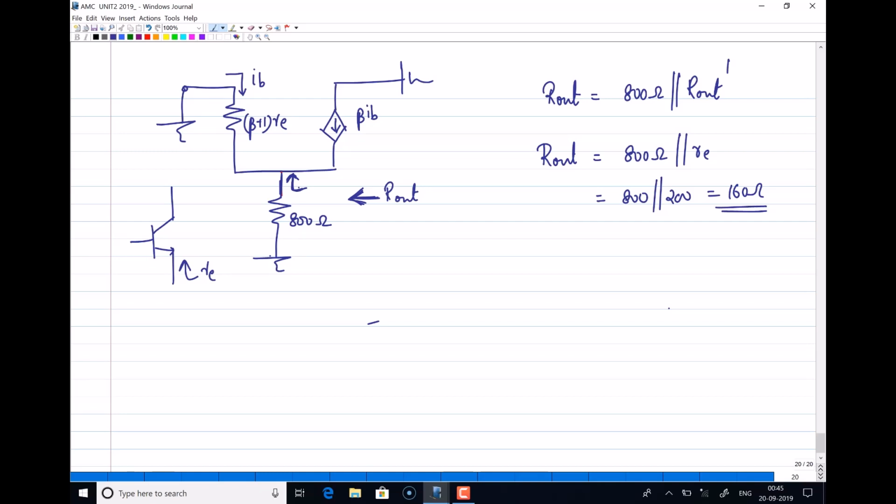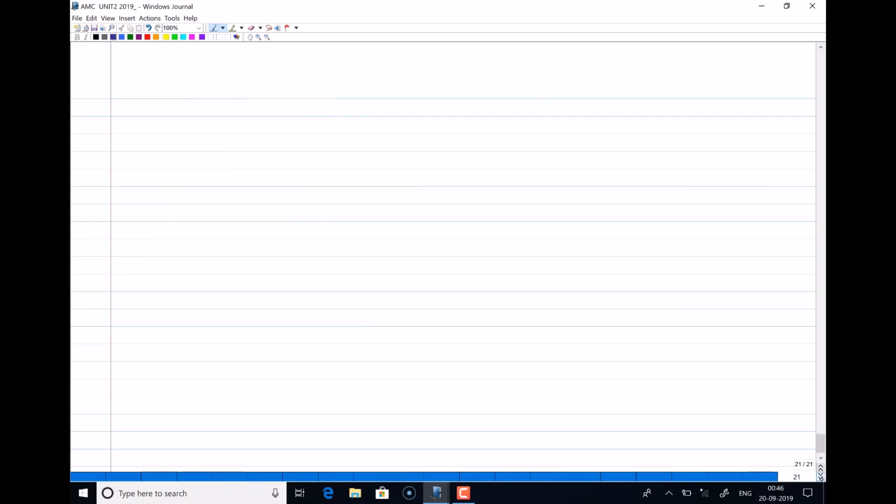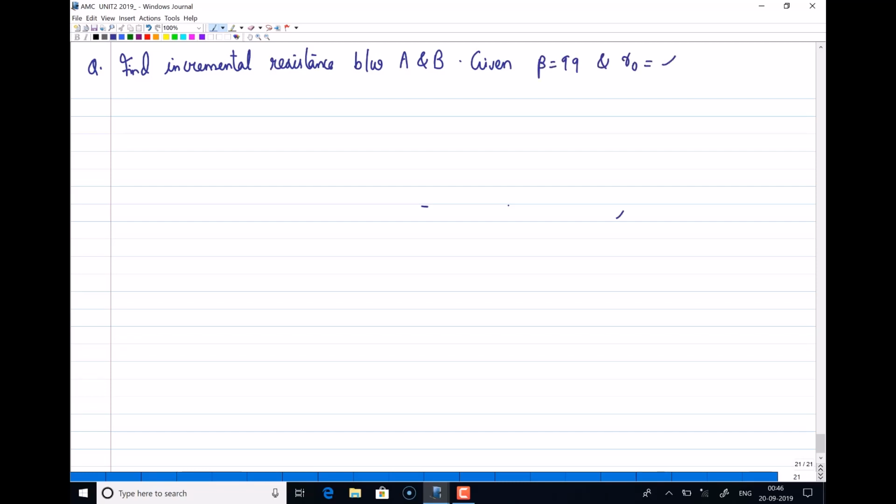The question is, find the incremental resistance between points A and B, given beta equals 99 and R naught equal to infinity. So this is the question. With this we'll wind up, and we'll continue in the next lecture.